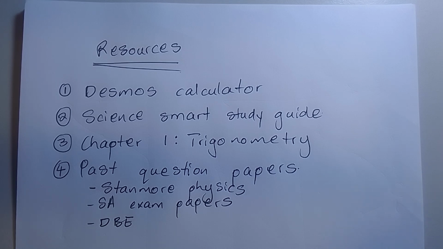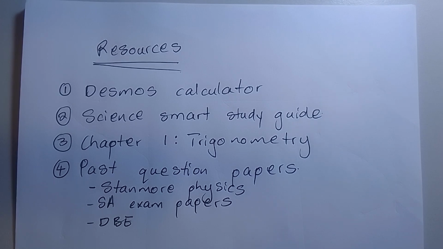Now I just want to talk to you guys about a few resources you can use. Firstly, we have the Desmos Calculator. It's a website online where you can write a formula for a function, and then the website will graph the function for you. You can use that to confirm your answers.